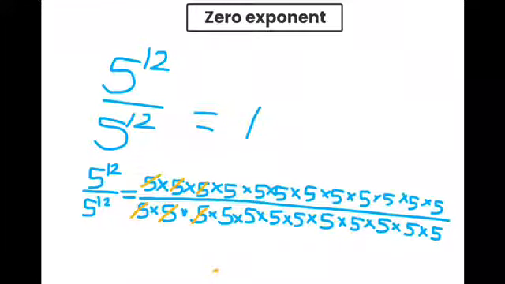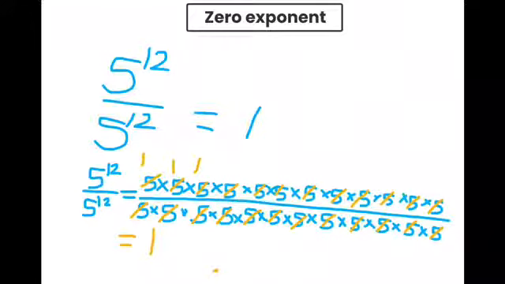And it's very important to remember that when these 5s cancel, they're not leaving zeros, right? We're saying 5 goes into itself once. 5 divided by 5 is 1, 5 divided by 5 is 1, 5 divided by 5 is 1, and so on. And so what we're left with is 1 times 1 times 1 times 1 times 1. 12 ones multiplied together is still just one big old 1. So that's another way that we can think about that quotient.